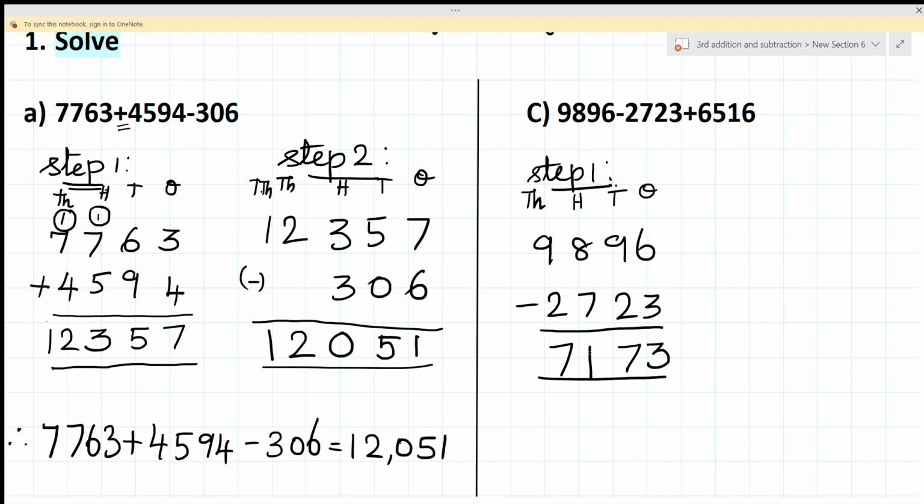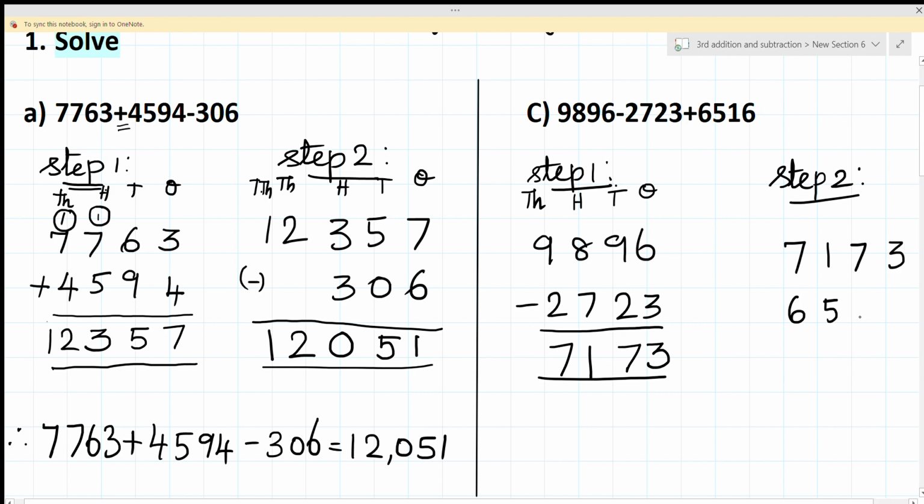Now we are going to add the difference of these two numbers and the third number. Let us do step 2. The difference of first two numbers is 7,173 and the third number is 6,516. Now we are going to add these numbers. Write down the place values, ones, tens, hundred and thousand.